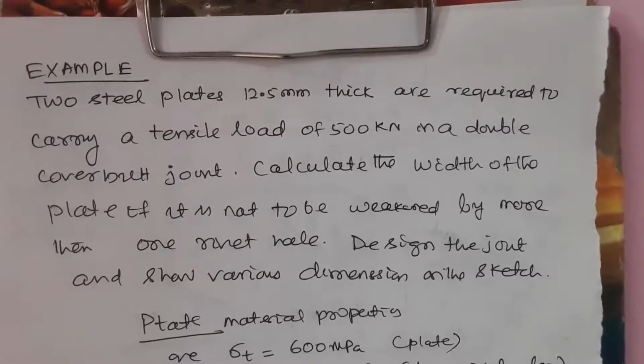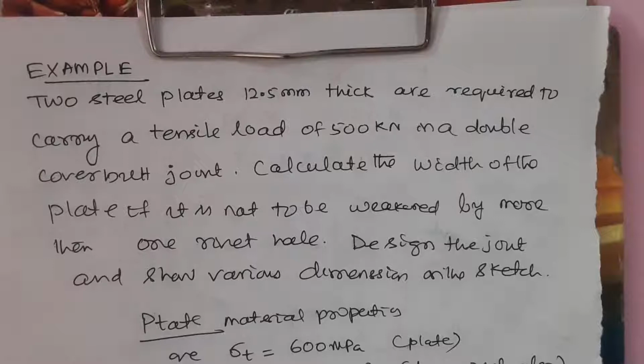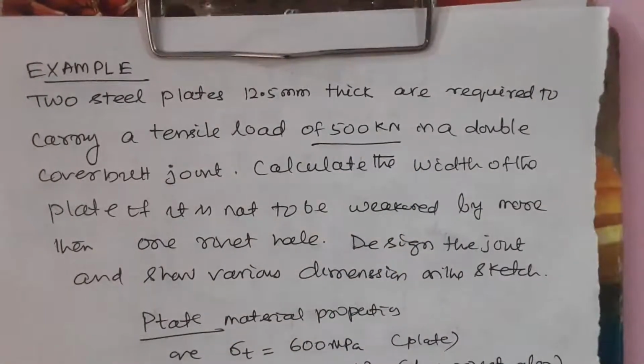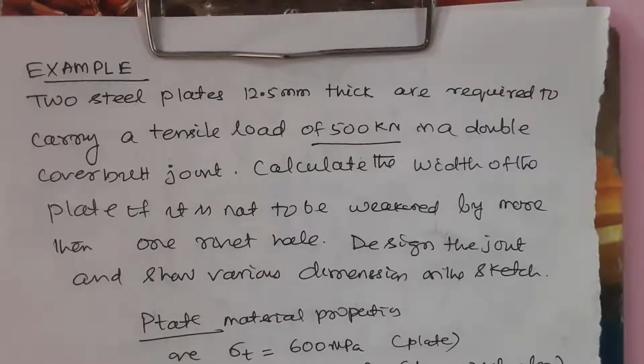So an example on the lozenge joint. It is about 2 steel plates of 12.5 millimeter thick, to be joined using a lozenge joint and having 2 double cover straps, and the joint has to carry a tensile load of 500 kilonewton, and we have to find out the width of the plate.